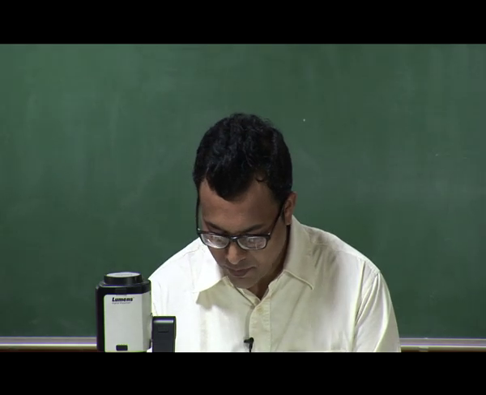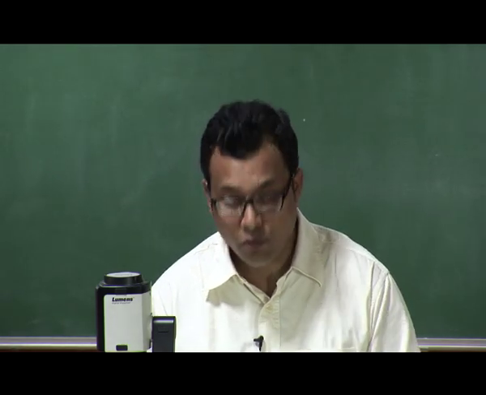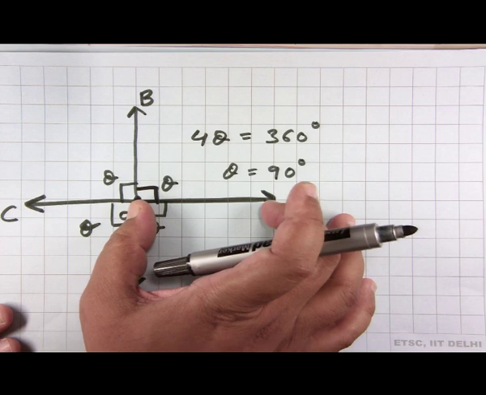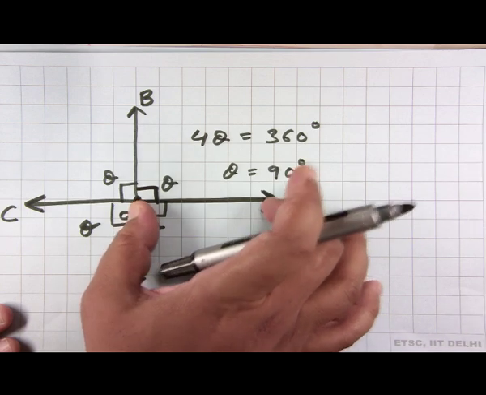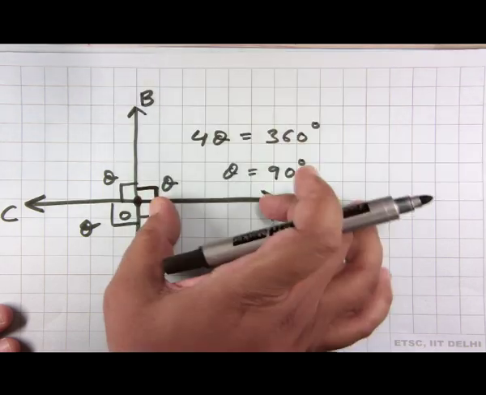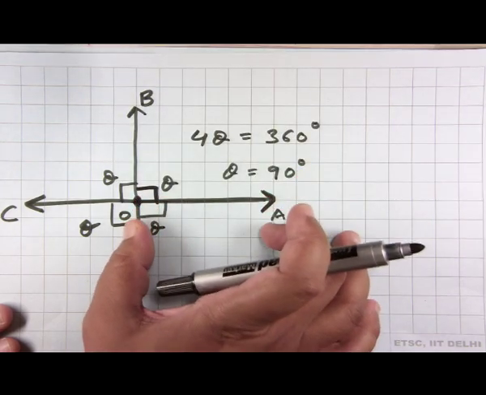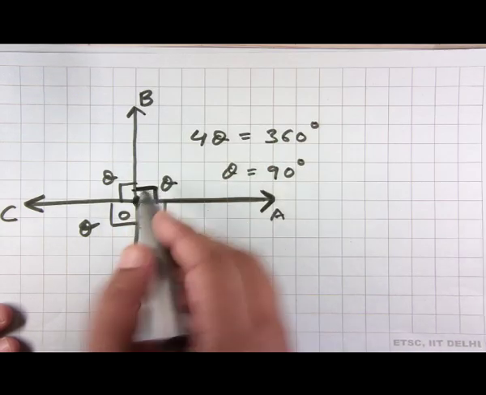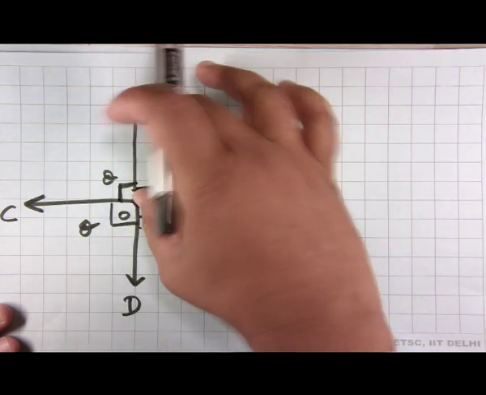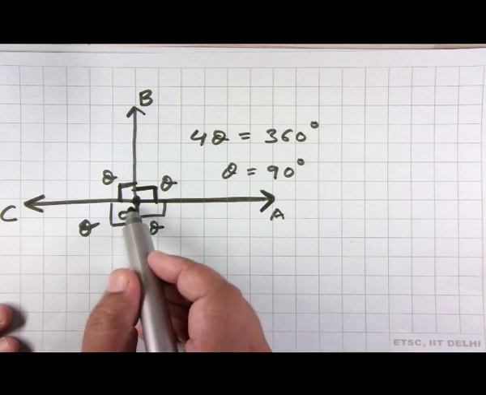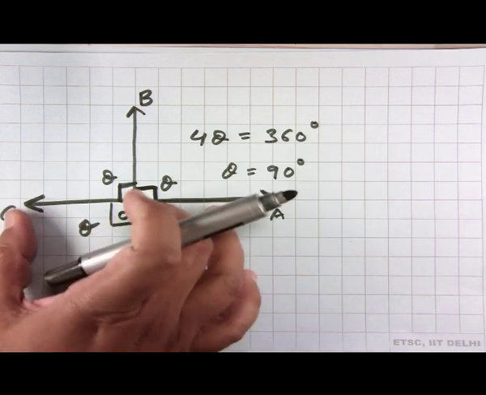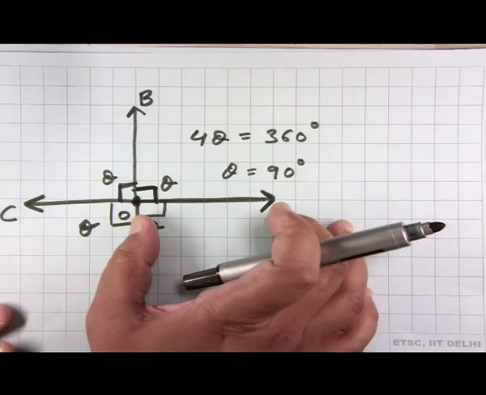So, 180 degrees will be, if you go back to the last slide, if you start from OA and you take two 90 degree rotations. For example, if you go from OA to OB, that is taking a 90 degree rotation once, and then another 90 degree rotation from OB to OC, and what you see is that this OC is lying exactly down and is exactly opposite to this OA.